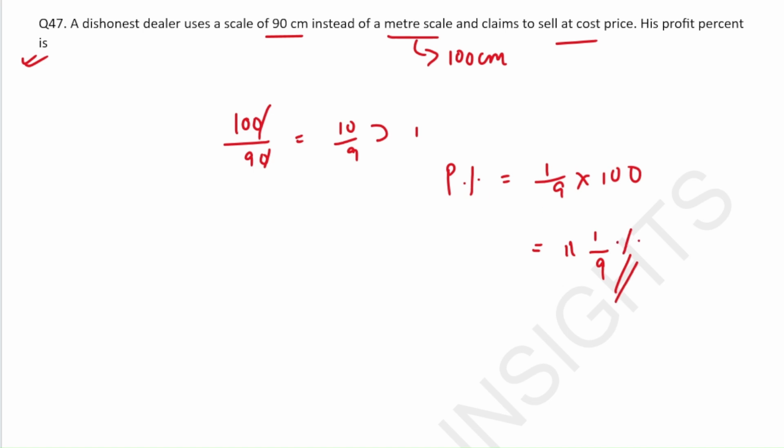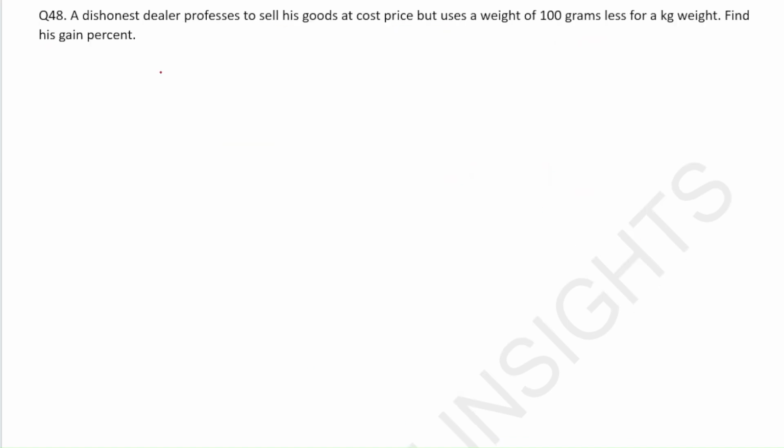Next, a similar question. A dishonest dealer professes to sell his goods at cost price, but he uses a weight 100 grams less for a kg. That means he is using only 900 grams, yes or no? Instead of 1,000 gram. So we have to find the gain percent. What is the actual weight?